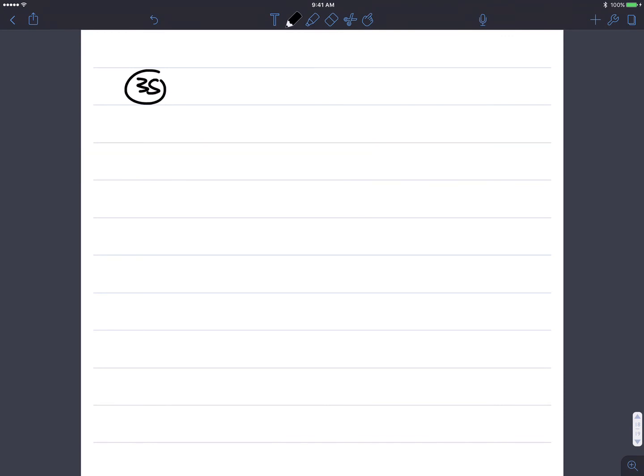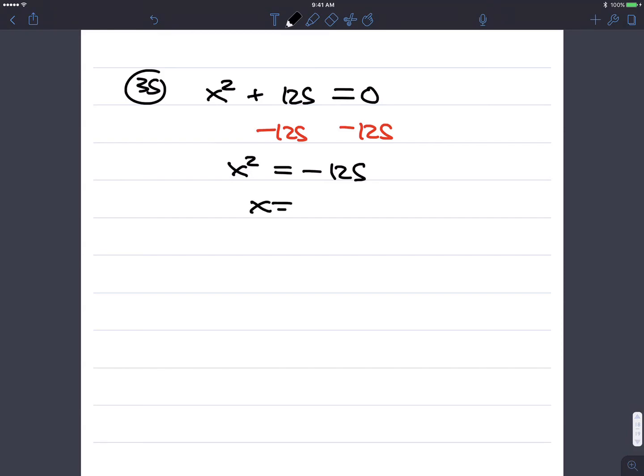Problem 35. x squared plus 125 equals 0. We're going to subtract 125 from both sides. x squared is negative 125. Now, by the square root formula, we get x equals plus or minus the square root of negative 125.